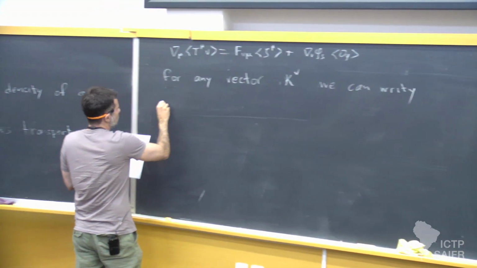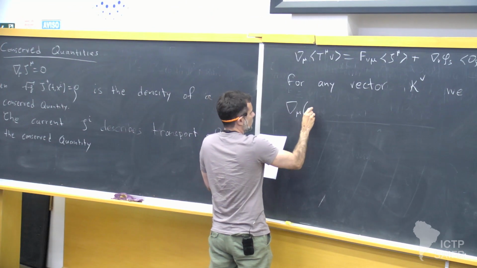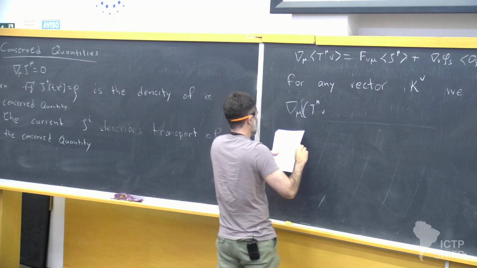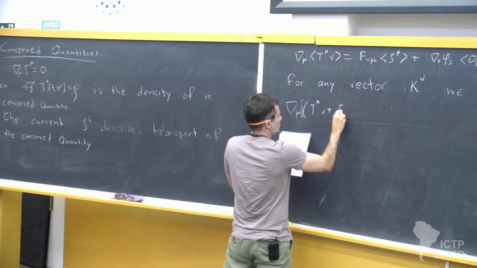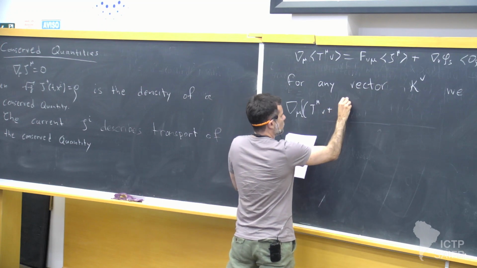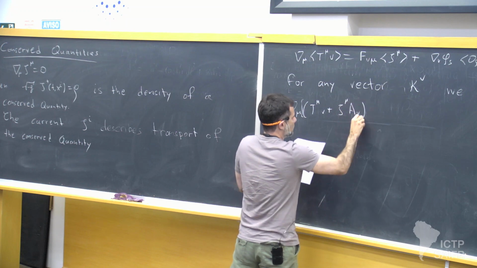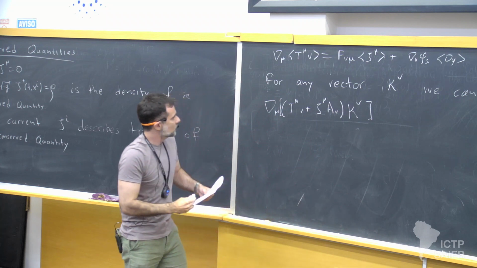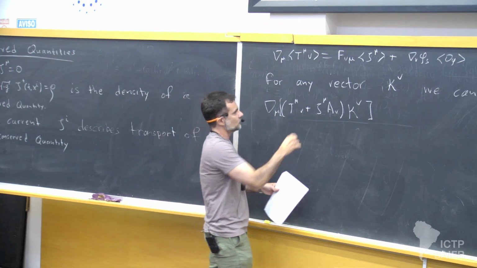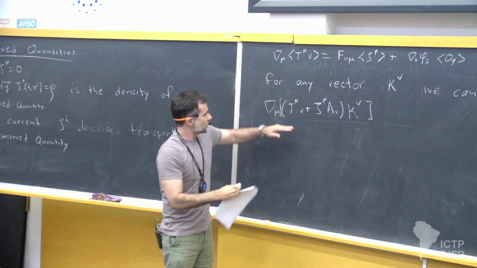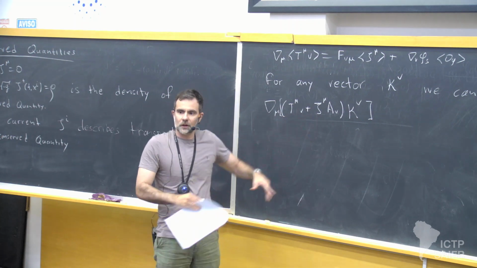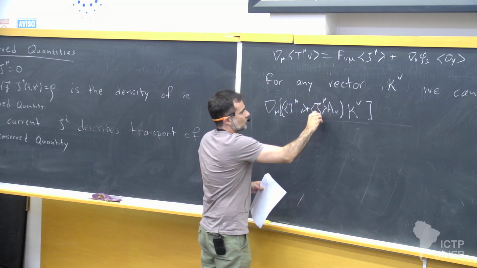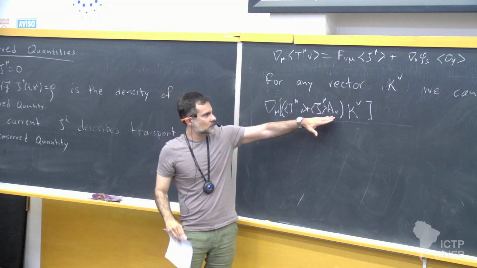So if I take the divergence of T^{mu nu} plus J^nu A^nu, and I contract this with the vector, right? So T^{mu nu} is the stress tensor, J^mu is the expectation value of the current, A^nu is the external field source, right?